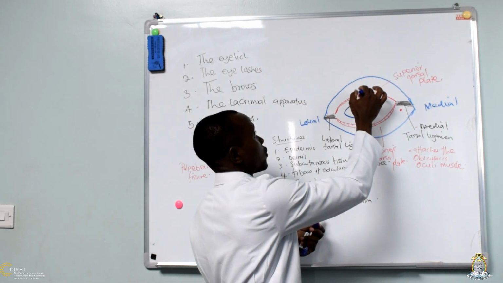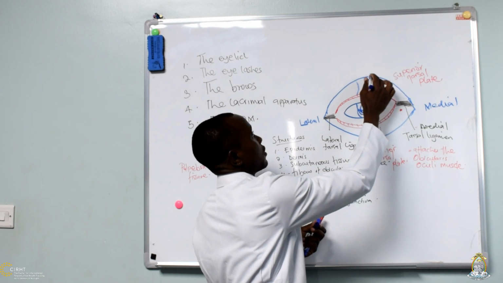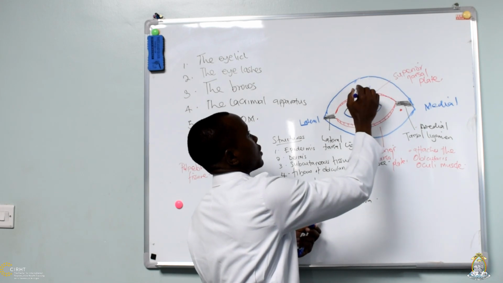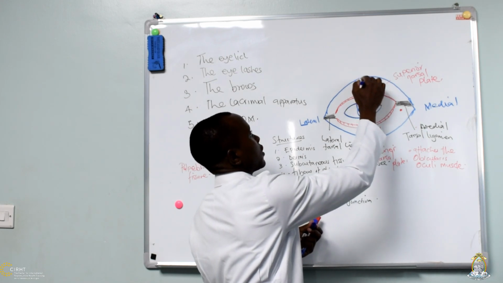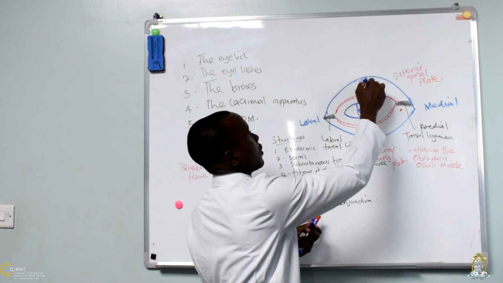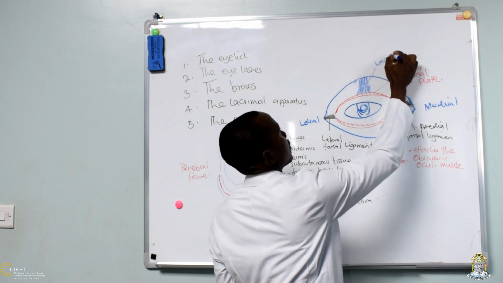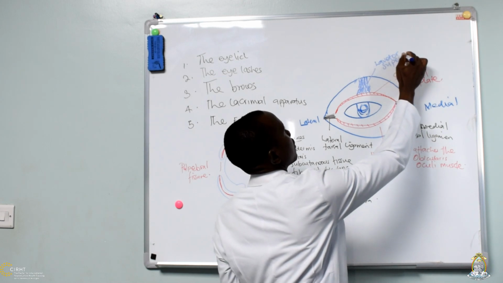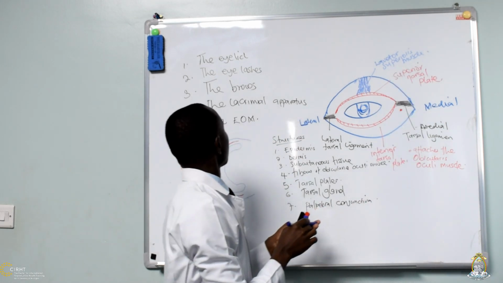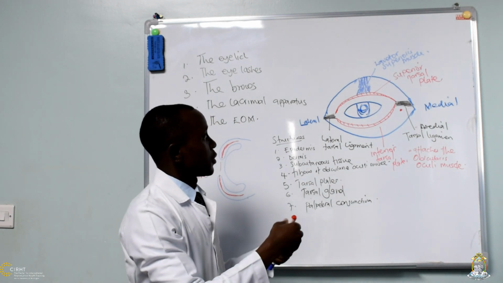Here we have the fibers, the tendon of the levator palpebrae superioris muscle, running here. Now you can see there is still some space remaining here.